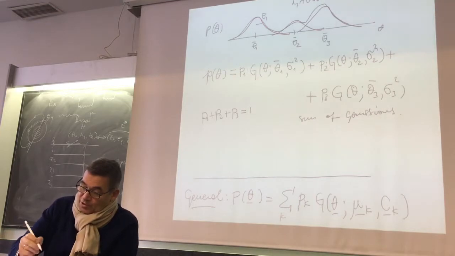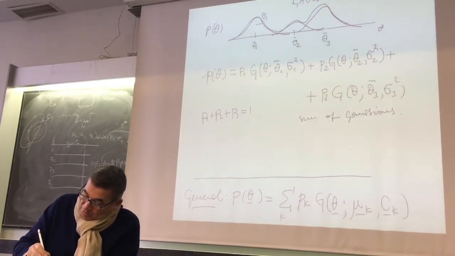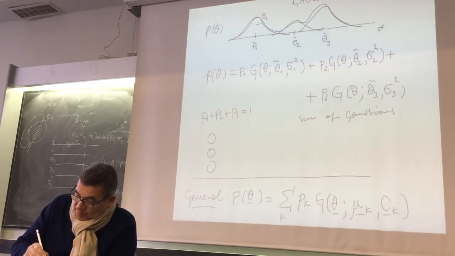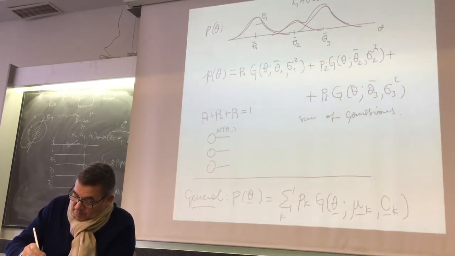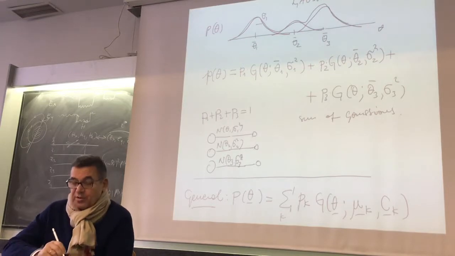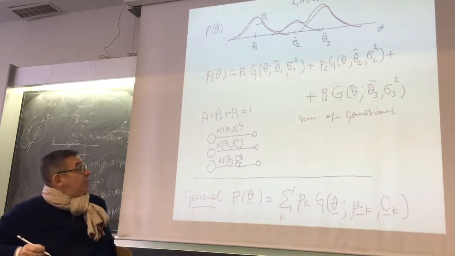If you need to simulate that, you need to put 3 generators. Each of the generators is generating a normal with theta 1 and sigma 1. The second one is normal with theta 2 and sigma 2. Normal with theta 3 and sigma 3. So you have 3 generators, which are generating 3 Gaussian variables.